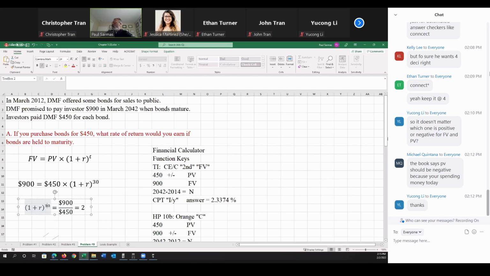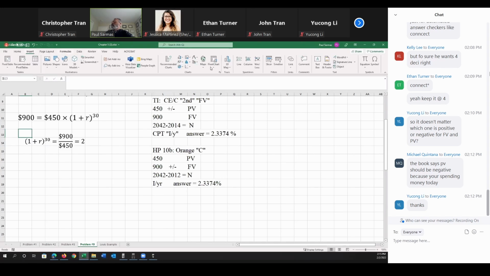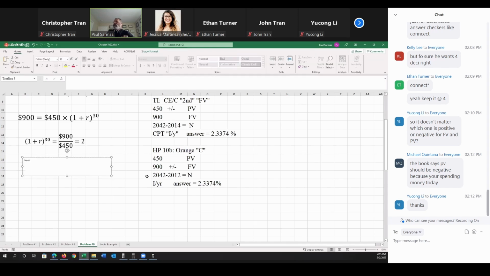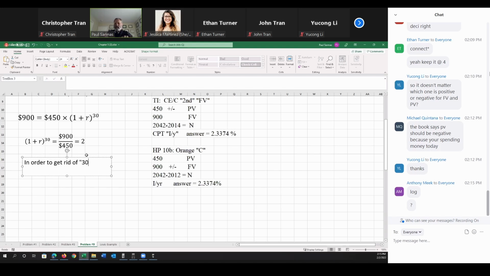Now I need to get rid of the 30. In order to get rid of 30, take both sides of the equation to the power of 1 divided by 30.